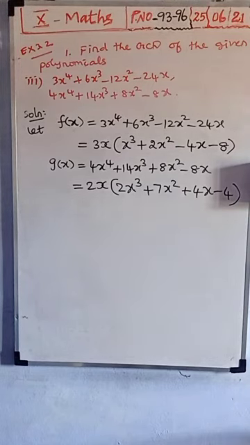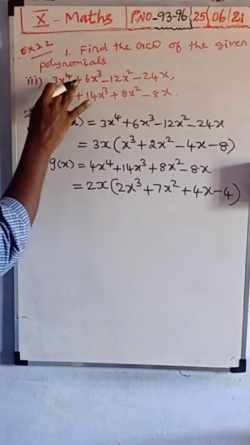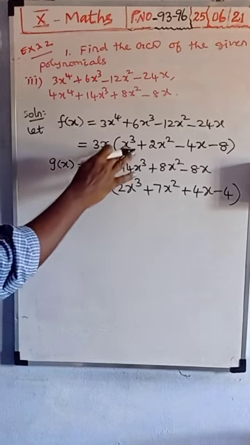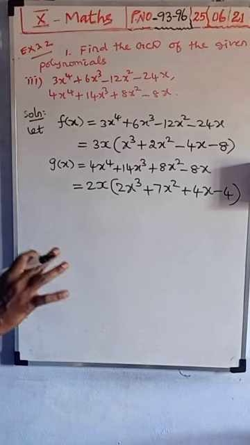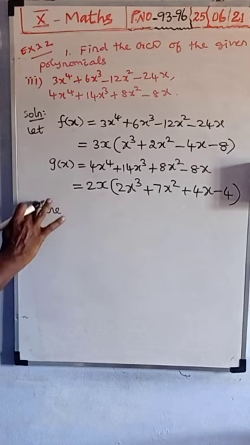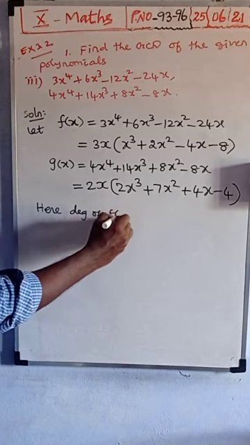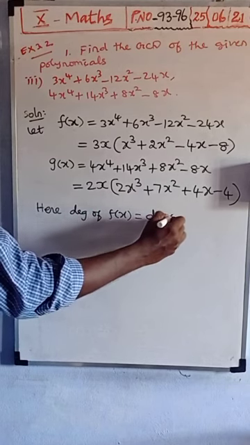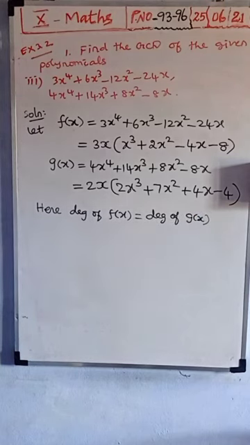Now you see here, both polynomials have the same power, the same highest degree, power 4 and power 4. After the common term is taken outside, the cube is the same in both. Then we want to choose the divisor. Here the degree of f of x is equal to the degree of g of x, so next you go with the coefficient.